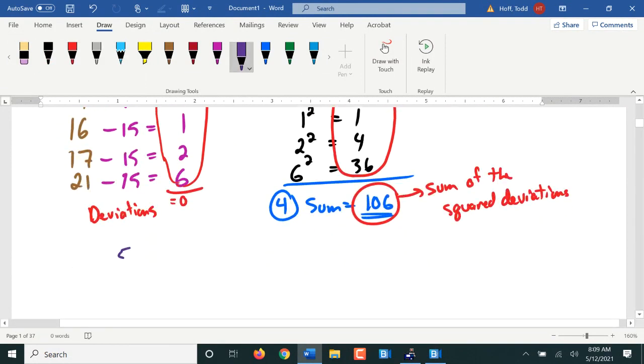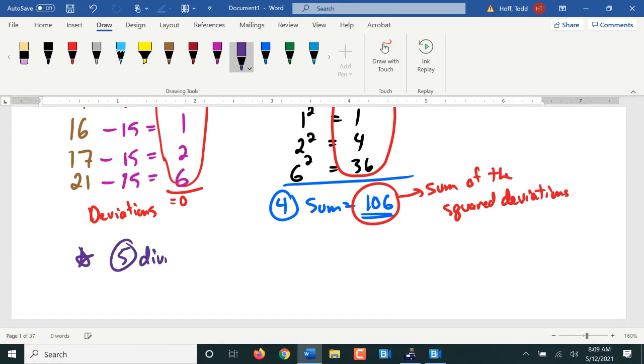Step 5 is the tricky one. Divide by n minus 1. Now, n minus 1 is if this is a sample, and it's almost always going to be a sample. You would never really test every item.